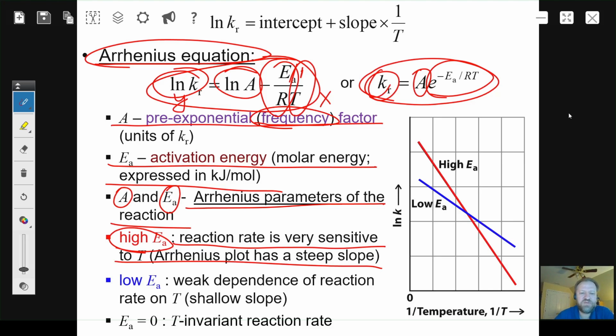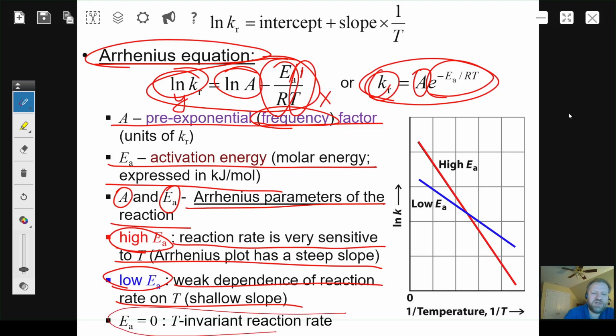It's going to be opposite for reactions that have low activation energy. The dependence of the rate constant for such a reaction is fairly weak, and therefore the slope of the Arrhenius plot is shallow.